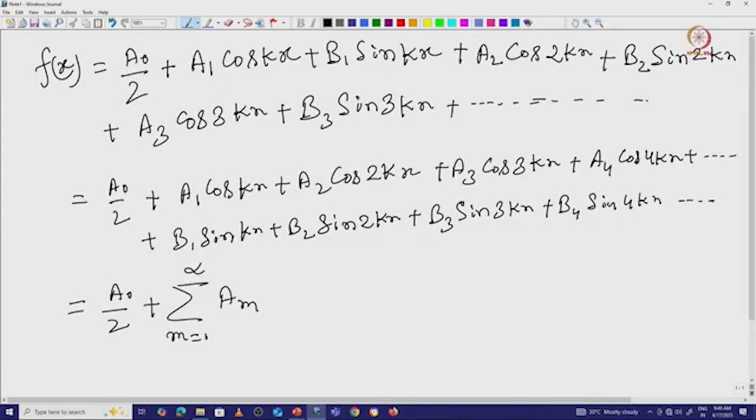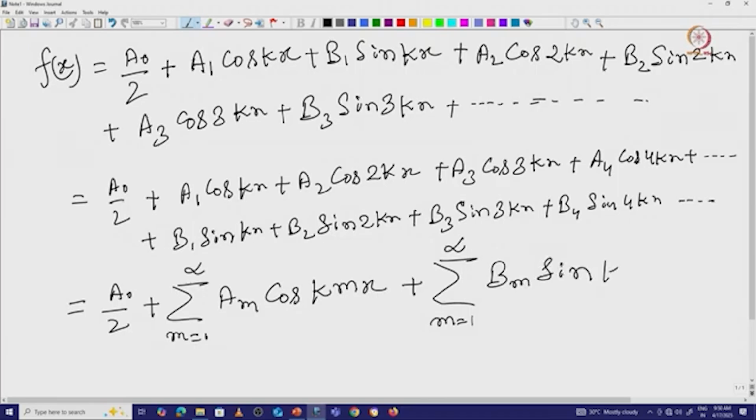So, we can add waves where amplitude will be A1, A2, A3, A4, A5 like that until infinity, and then cos kmx, plus same thing is true for m equals 1 to infinity, Bm sin kmx. So, you can see that entire these things we simplified and we represented in this way.